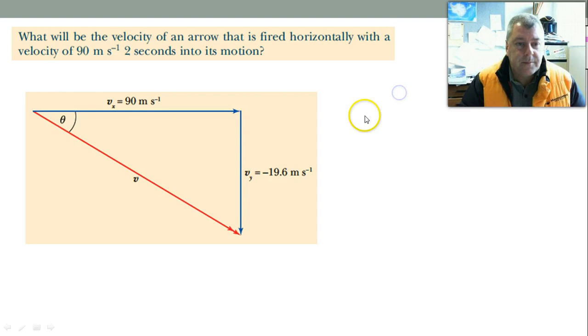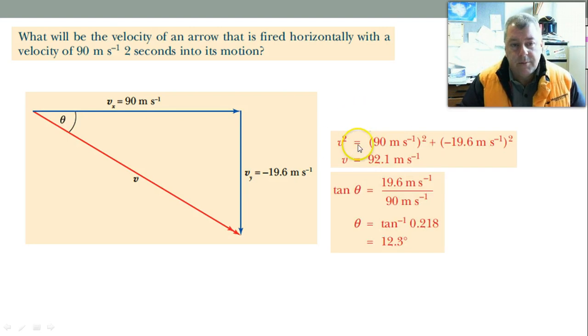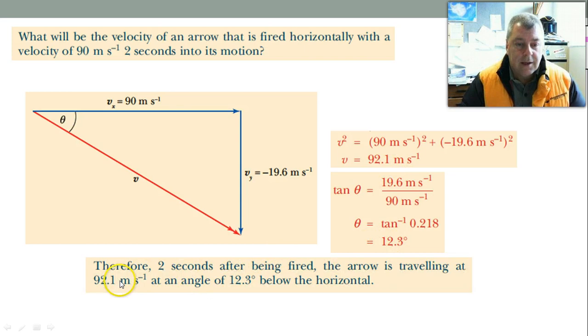So they used Pythagoras. Hopefully we can all do Pythagoras to find the hypotenuse, and then they used trigonometry, in this case tan, to work out the angle. So you've got the velocity and the angle is down or below the horizon.